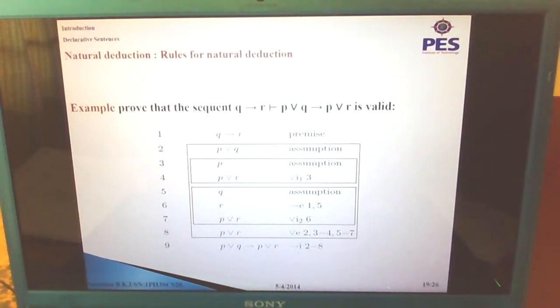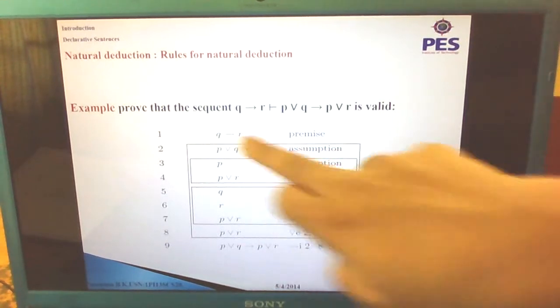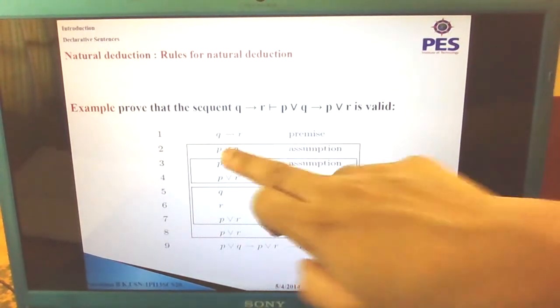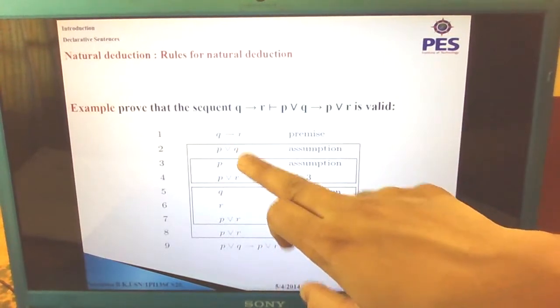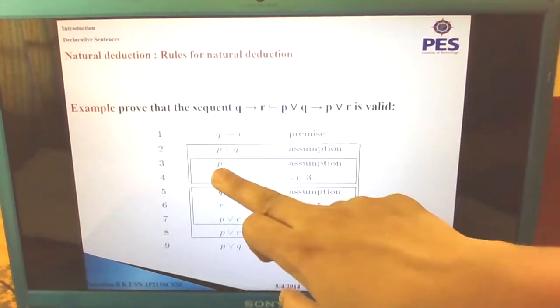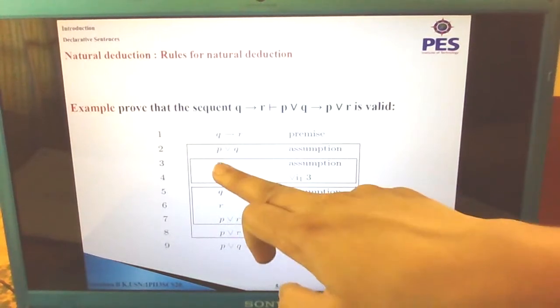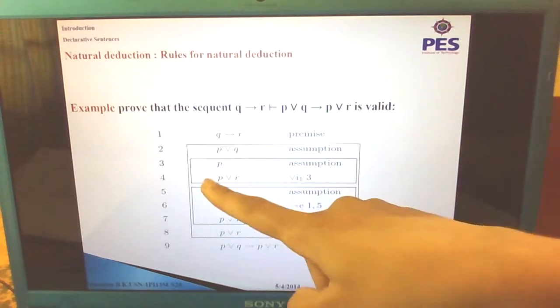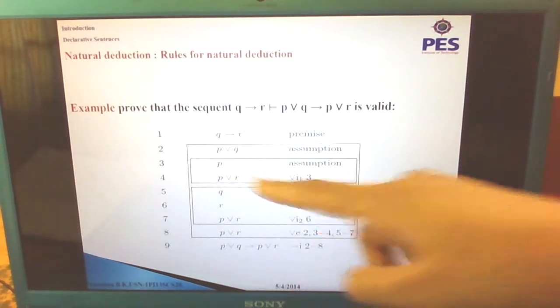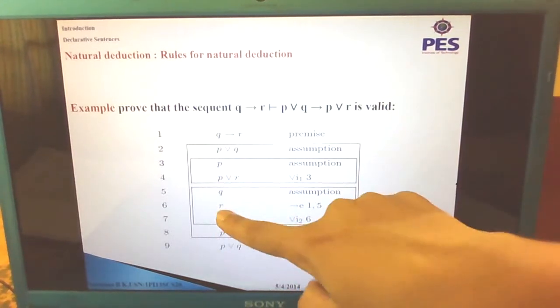This is the valid proof sequence for expressing the validity of some expressions. This is the given premise. This is our assumption, P in conjunction with Q. We go by assuming this as our assumption. P is also our assumption. If P is true with any other premise, then P disjunction R is also true. Q is our assumption.